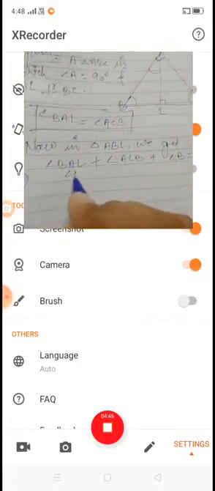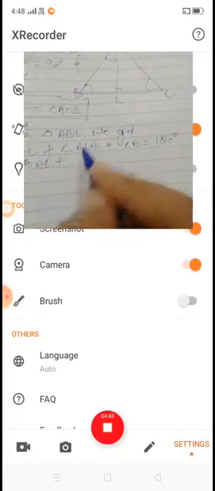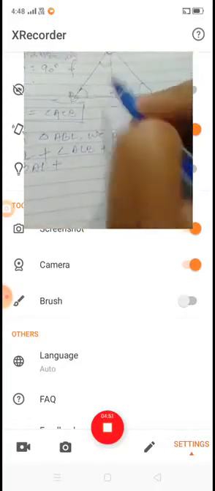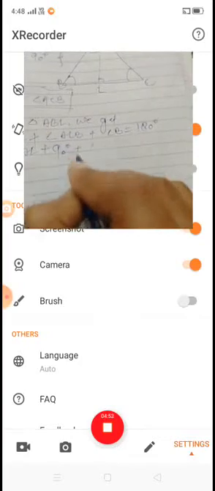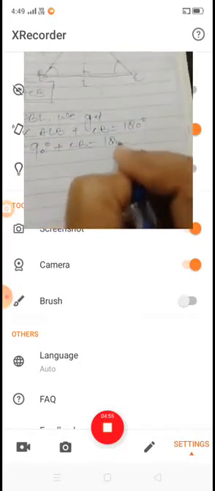Now we have angle BAL plus, from the question, angle ALB is 90 degrees. 90 plus angle B is equal to 180.